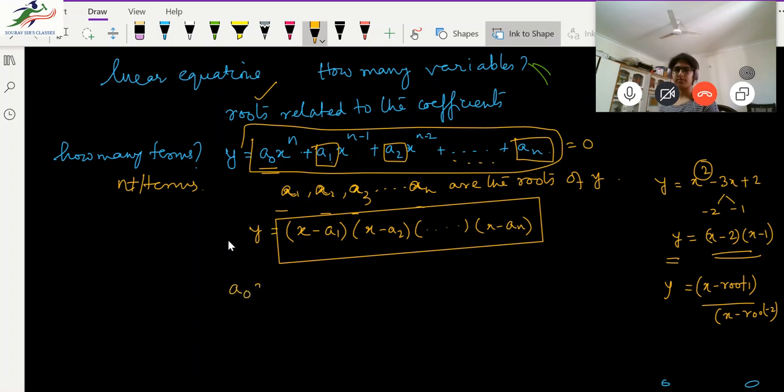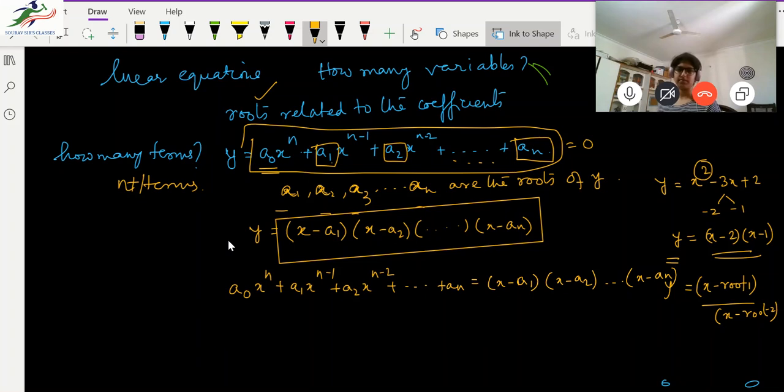So I can write a0 xn plus a1 x to the power n minus 1 plus a2 x to the power n minus 2 up to an is equal to x minus a1 into x minus a2 up to x minus an, right?